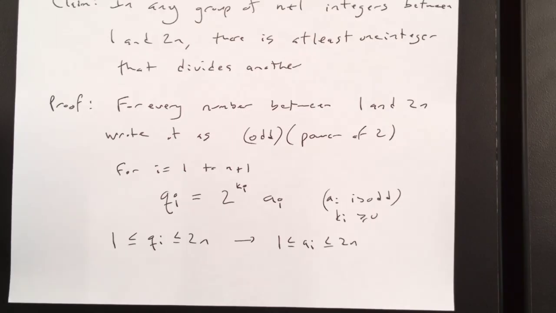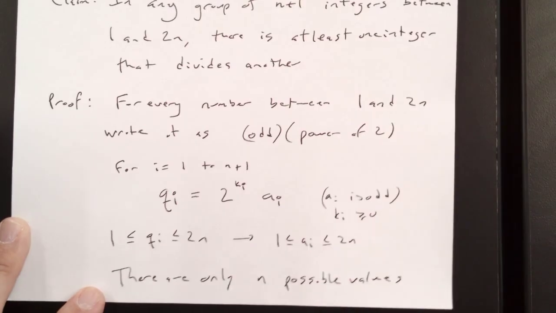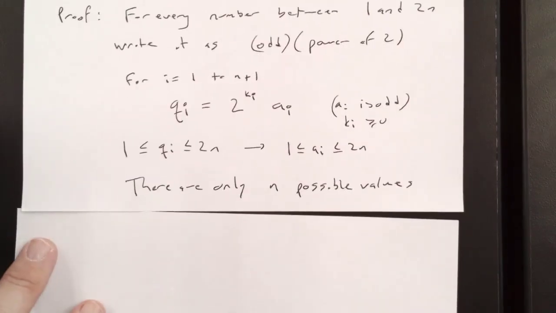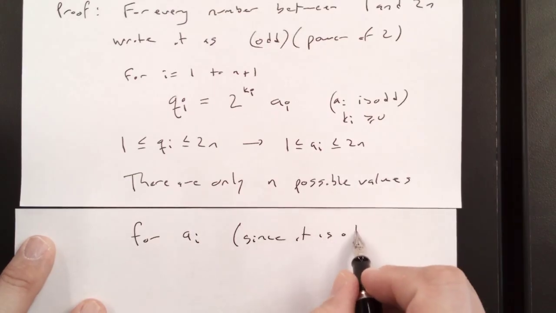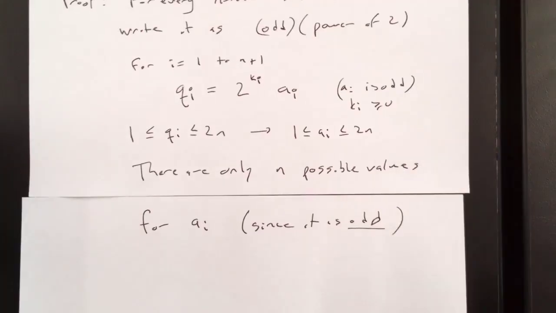How many odd numbers from 1 to 1,000? How many odd numbers from 1 to 2n? 2n divided by 2, which is just n. It's less than or equal to 2n, but it's got to be odd.